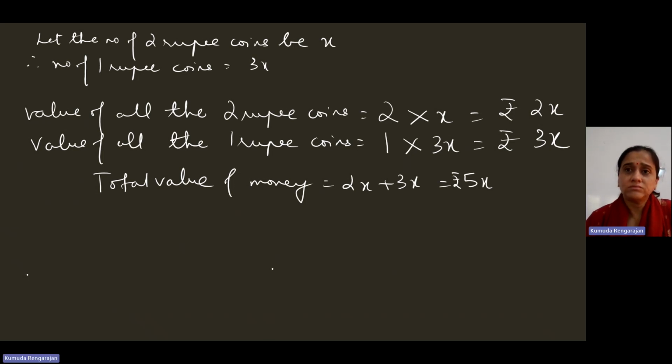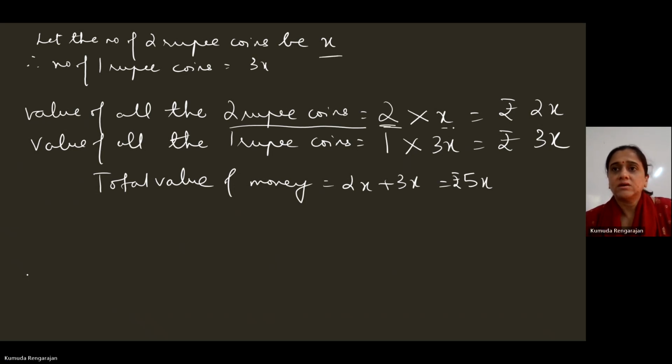Value of 2 rupee coins. 2 rupees is the denomination and the number of coins is x. So 2 into x is 2x. No, you're stuck somewhere. Where?